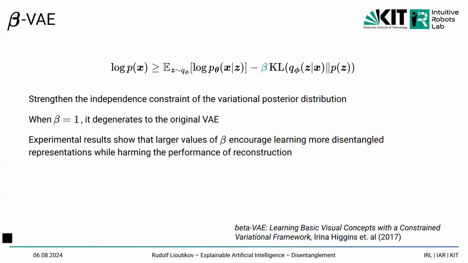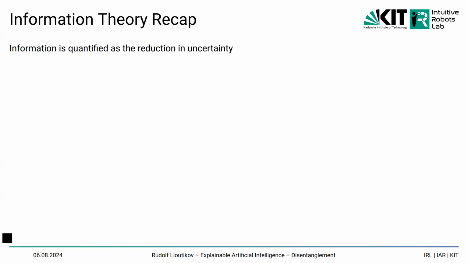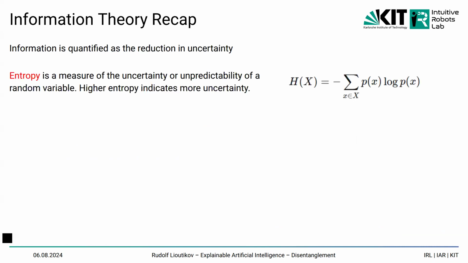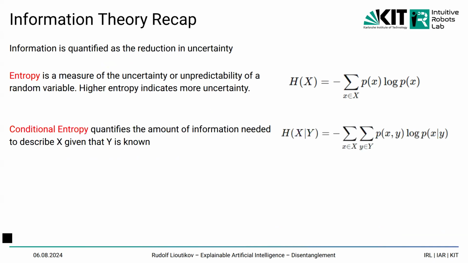But why does this actually work? Let's look at some additional information-theoretical perspective on this. Before that, a quick recap, just in case you've never heard of it: entropy is a measure of uncertainty or predictability of a random variable. Then we have the conditional entropy, which is the same thing, but given another random variable.